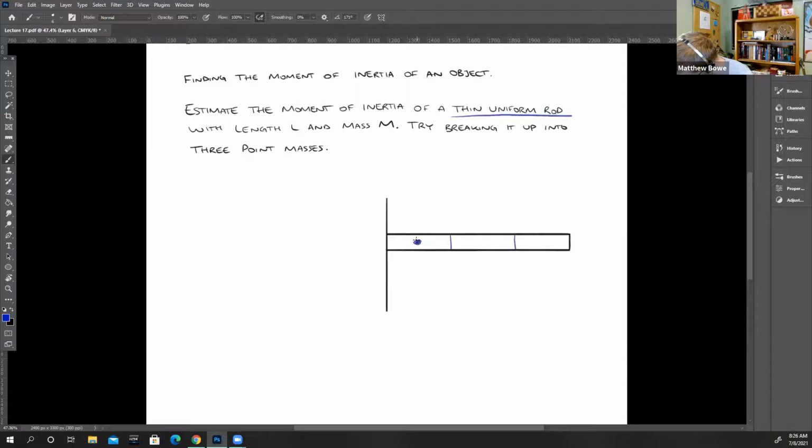So the center of mass of this piece is right in the middle here, the second piece right there, the third piece over here. So now, instead of a solid object made of millions of particles, I'm compressing it all into just 1, 2, 3 point masses. Much easier to estimate with.